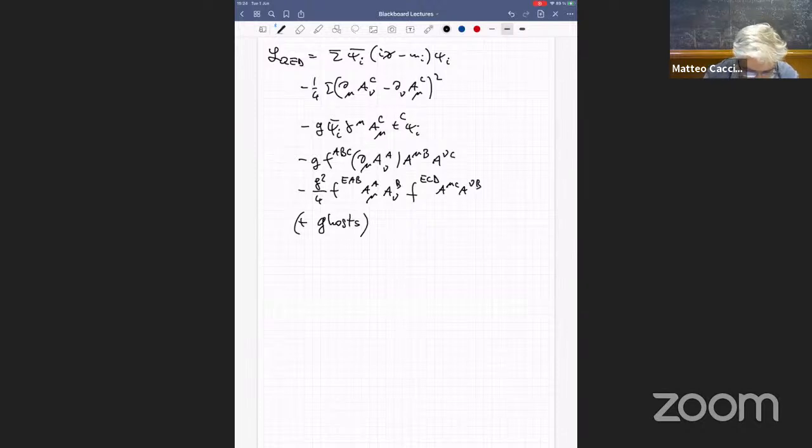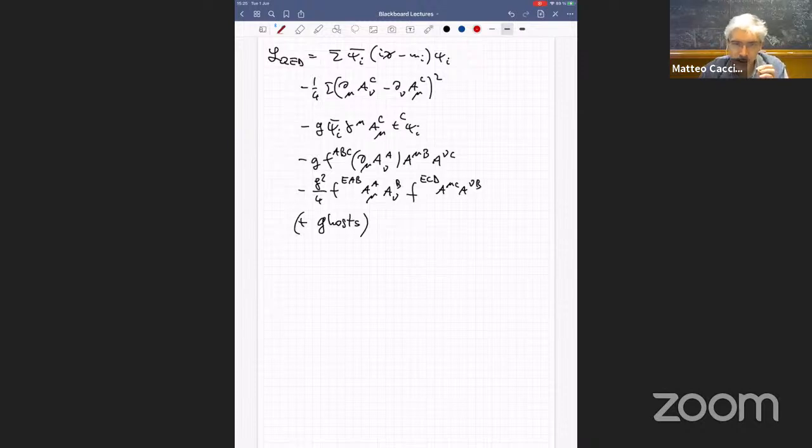So what do we have here? We have different terms, and let us see what they look like in terms of a perturbative treatment. What I've written down here is just a classical Lagrangian. Normally, what you would do is you take a quantum field theory, you quantize this Lagrangian, you do a perturbative interpretation, and you write down Feynman rules that describe certain processes in perturbation theory.